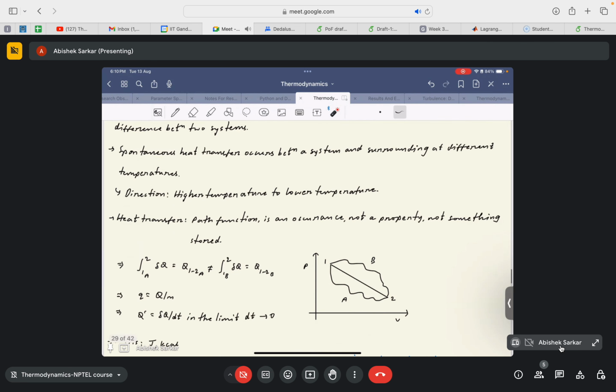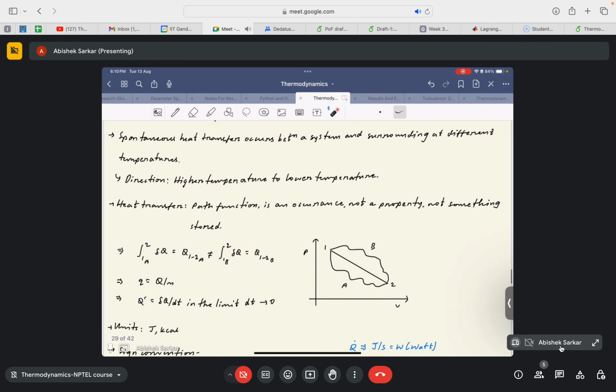As I discussed in the previous week, heat transfer is a path function and not a property of the system. Similar to work transfer, it depends on the path followed by the system to absorb or release heat. That's why we denote heat transfer as an inexact differential, using the delta notation.